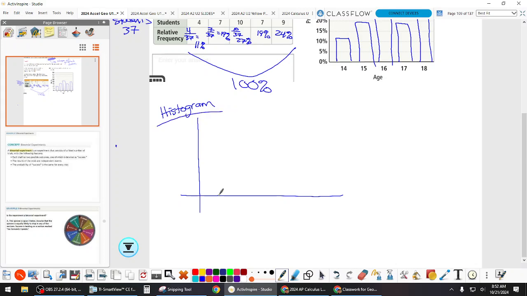So, remember in this, you had intervals. So, if we did it for this data, it would be like maybe 5 to 10, 10 to 15, 15 to 20, 20 to 25, 25 to 30.